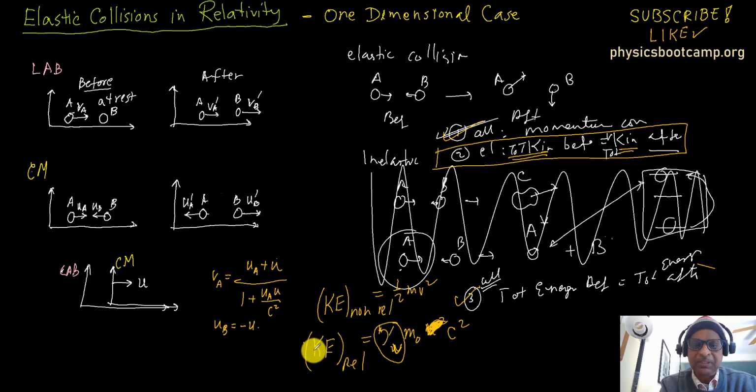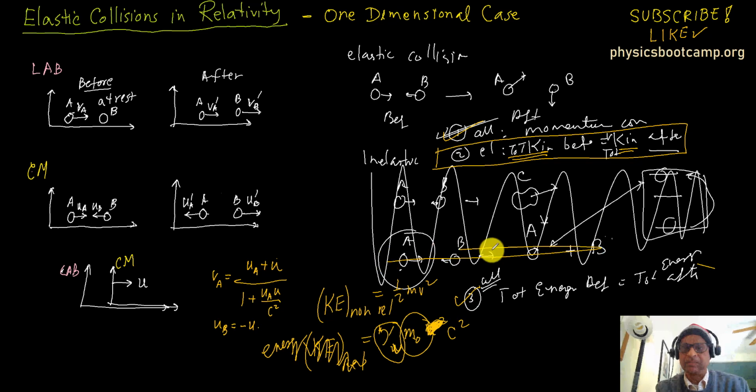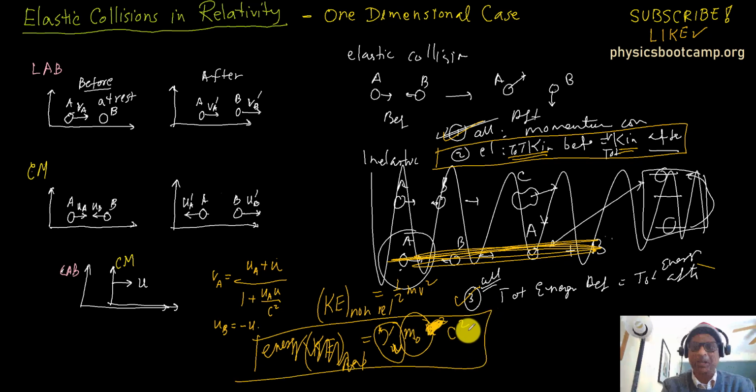So we just call this the energy of an elementary particle. If the particle is elementary, then we always just think in terms of gamma m0 c squared.